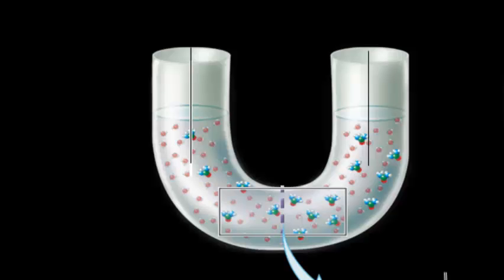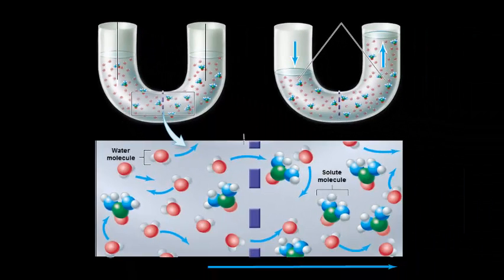To illustrate this, you can do a prac where you use a U-tube which has a selectively permeable membrane between both sides of the U-tube. It's selective because it allows water to go through, but it doesn't allow a solute molecule to go through the membrane. So that solute molecule could be sugar or salt or any other thing that dissolves in the water. So in this particular illustration, you can see that on one side of the U-tube, you have a low concentration of solutes.